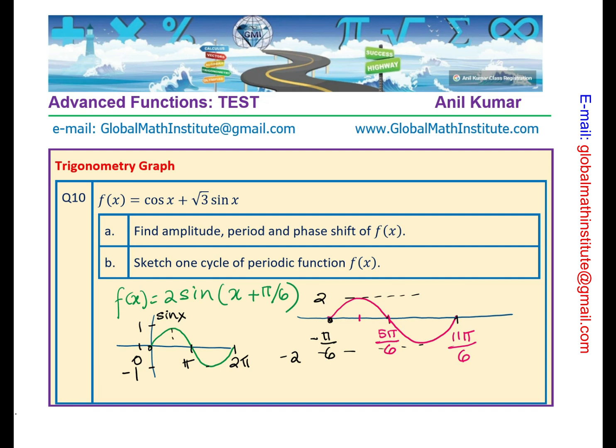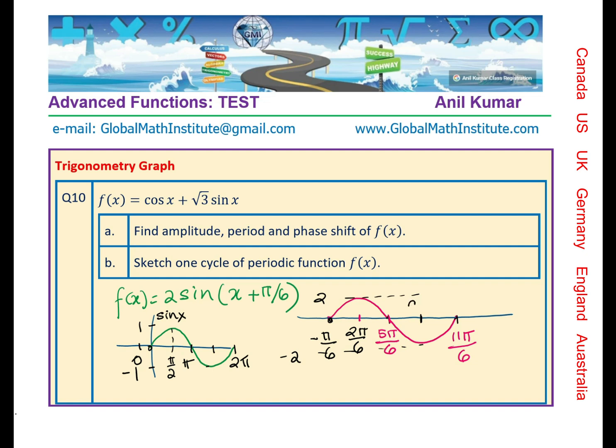And this peak, which was at pi by 2, shifts by pi by 6, right? So instead of 3 pi by 6, it becomes 2 pi by 6. Makes sense? One shift here. And this point, which is, so here it is 1 pi by 2, 2 pi by 2, 3 pi by 2, or 9 pi by 6, now becomes 8 pi by 6.